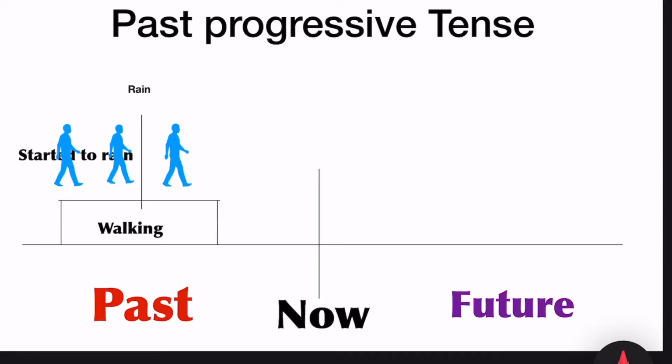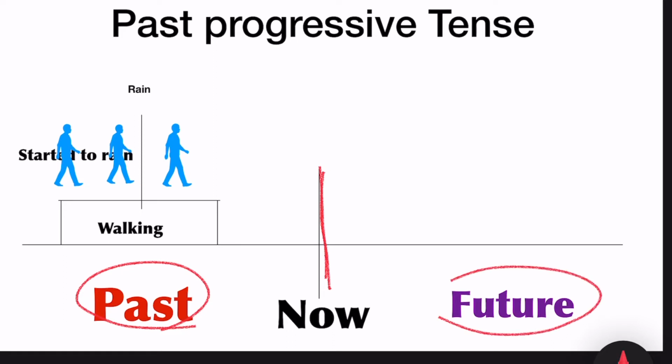Look at this picture. This is now. It represents present tense. All the actions that happened before now are called past tense, and all the actions which are going to happen after now are called future tense. As this tense is past progressive, the action, walking, happened before now.